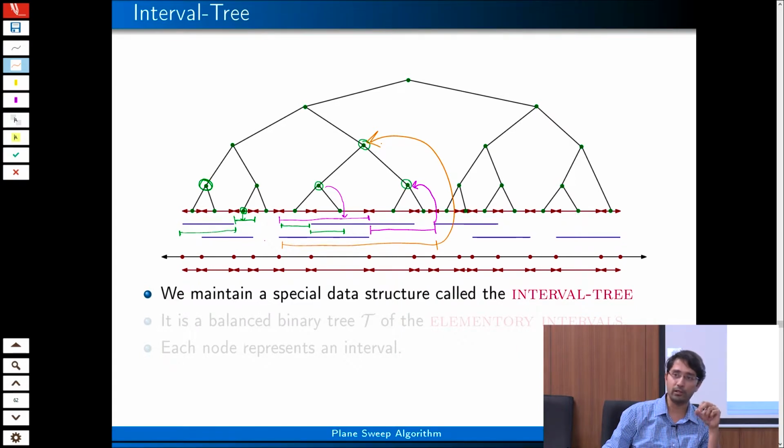From them we got 2n minus 1 elementary intervals. From these 2n minus 1 elementary intervals, I am creating a tree, and the way I am constructing it is kind of balanced. So you can expect it to give us log n time for insertion, deletion, and any operation on this.